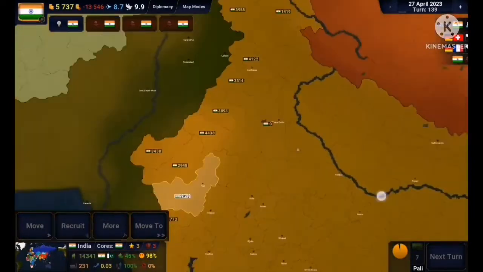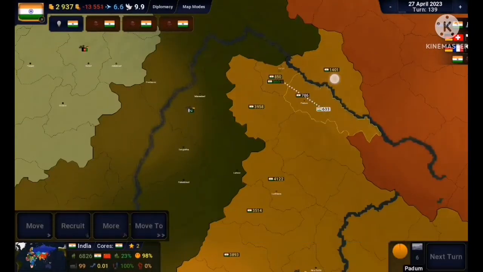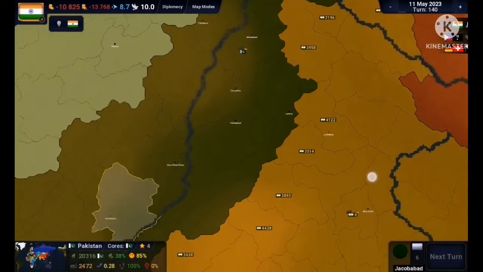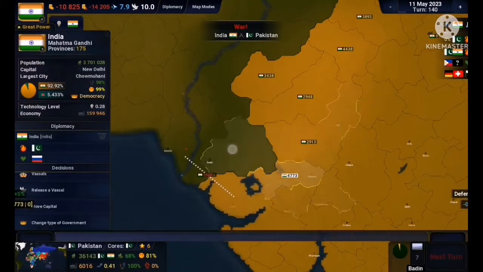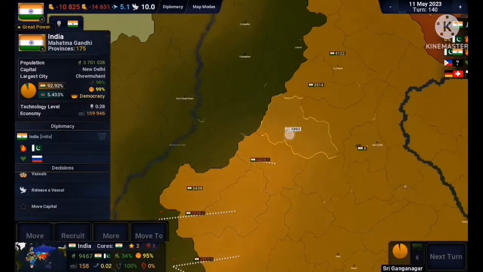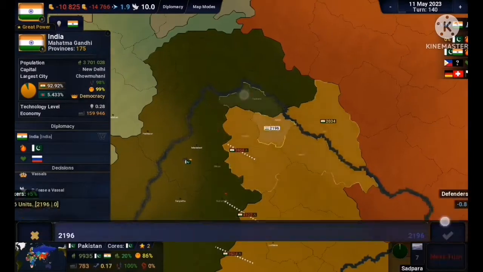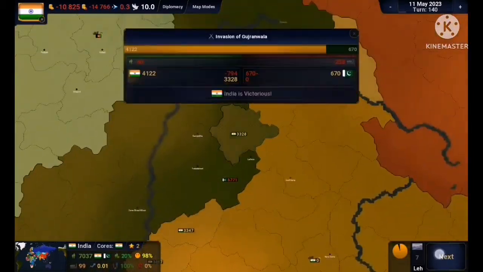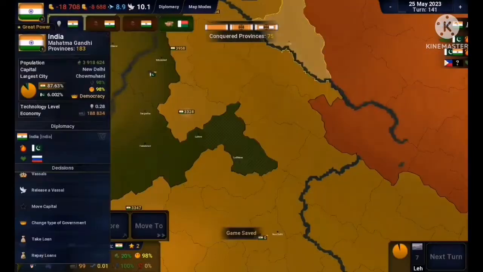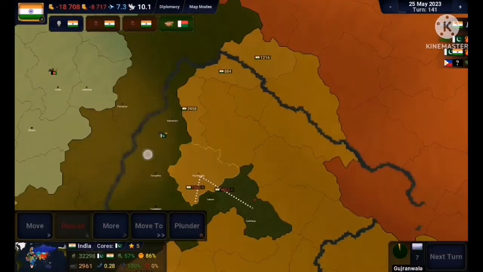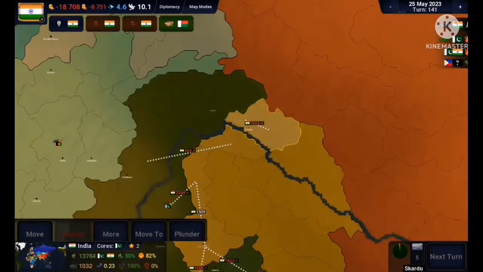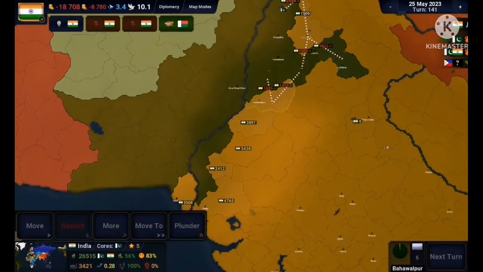Anyways, I prepare to invade Pakistan, and well, the day of the invasion begins. 11th May 2023. Okay, I guess that's there. So I invade on all fronts, and I'm successful for the most part, but I get pushed back in one place. And so I start counterattacking there and also in other places as well.